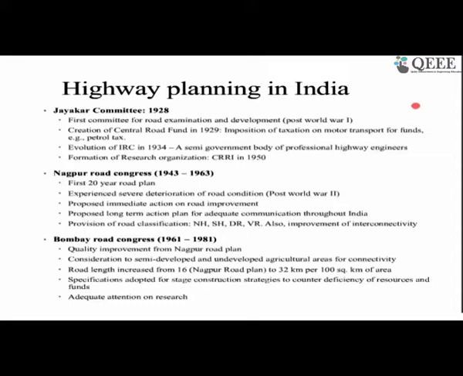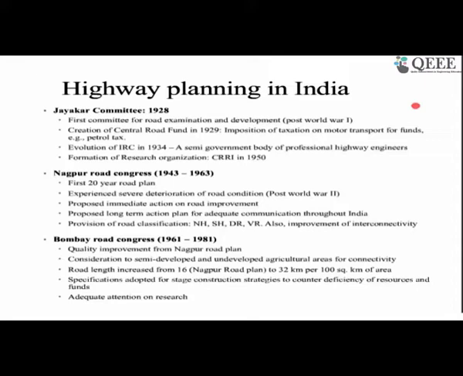So if you see this road classification, these are actually for connecting the various cities within a country, and they go past the rural areas. So this classification is called the rural road classification. We'll again come to this later.